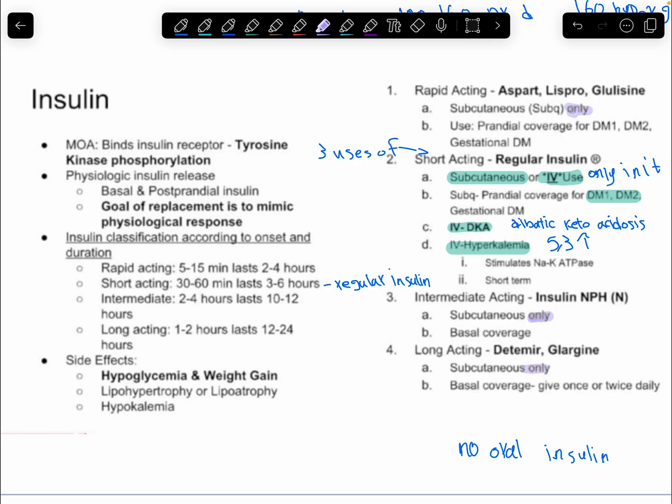Next is lipohypertrophy or lipoatrophy or dystrophy. As mostly they are taken in the abdomen region, they disturb the fat distribution in the abdomen. The abdomen is very rich in fat. So when we inject it, what is the problem?